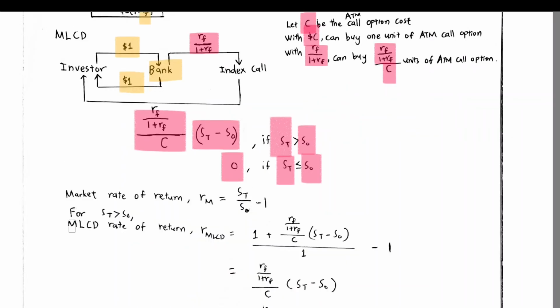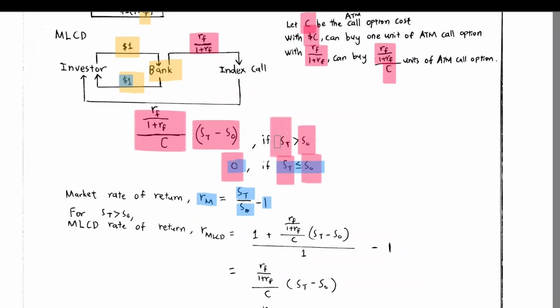Next, we'll derive the MLCD rate of return. The market rate of return is denoted by RM, and it is equal to the stock price in the future divided by the present price, and then minus 1. For the case when there is a decline in stock price in the future, the investor will only get back the $1 because the index call won't be exercised.